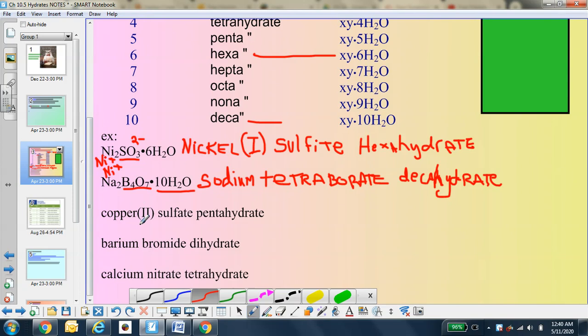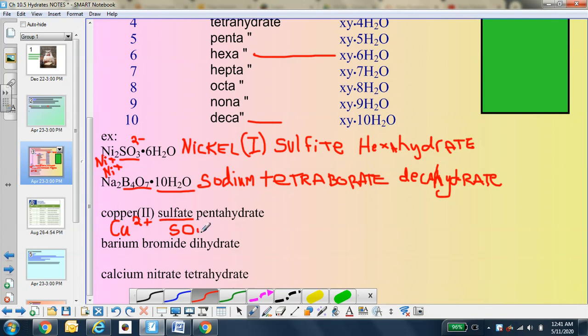Okay, copper 2. What does that Roman numeral tell us about this copper? It tells us what the charge is. And we need to take a look at sulfate and write its formula down.